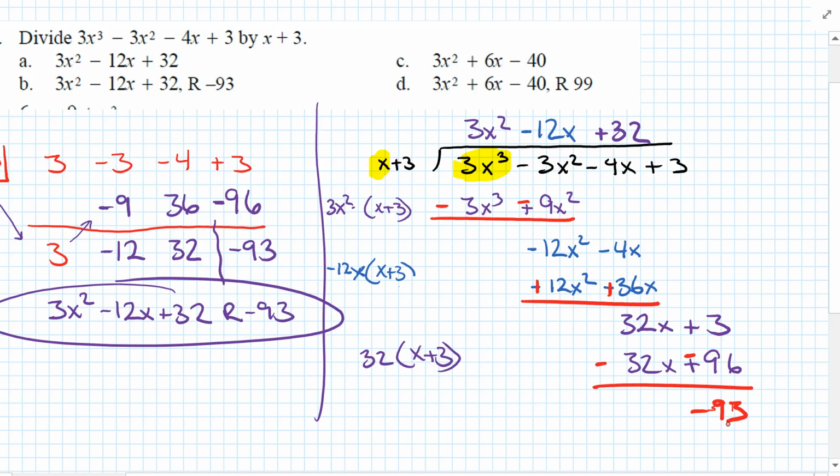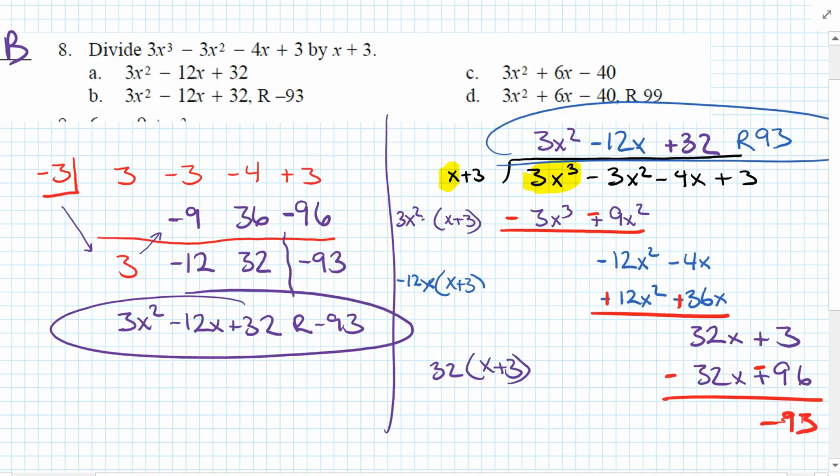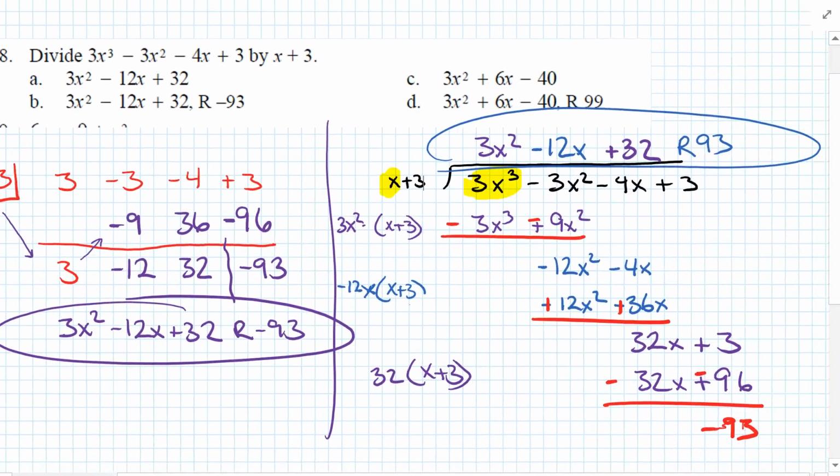Since that was my last term, that is my remainder. So I get the exact same answer either way. It's really up to you on what you see and how you feel. So I'd have my remainder of negative 93. Either way, the answer is B.